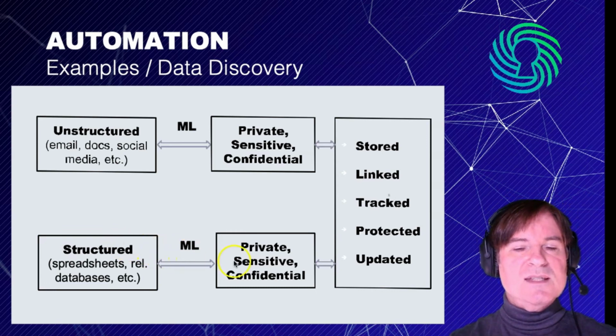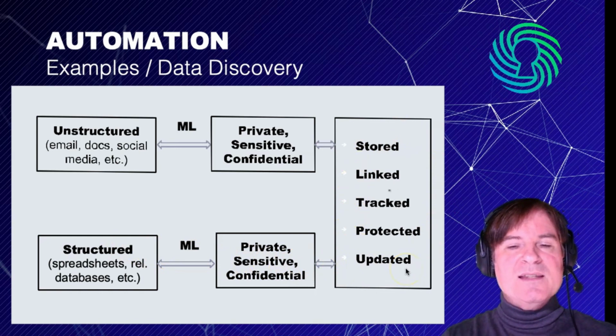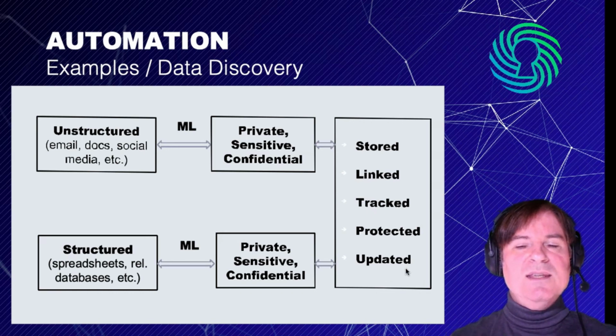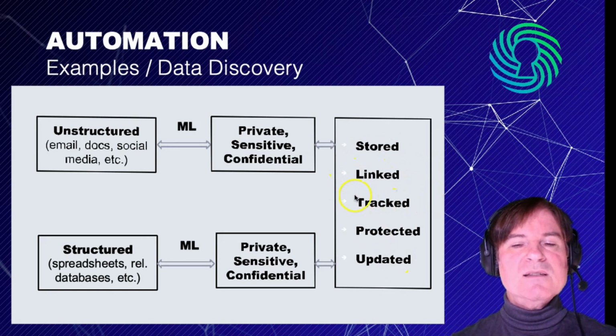And what it does is it takes this information and it stores it and it links it and it tracks it and then is able to protect it. And it's able to do this on an ongoing basis. It can update itself as new data gets put into the enterprise environment. And one of the key areas that it does very well is it links the data.